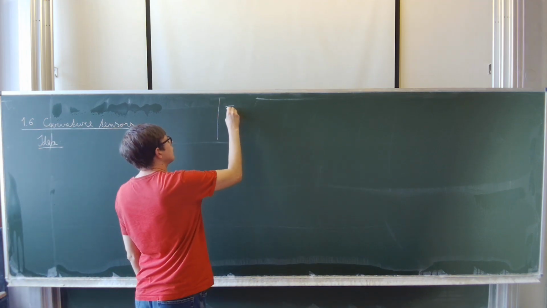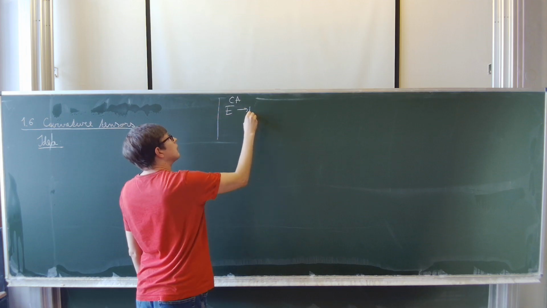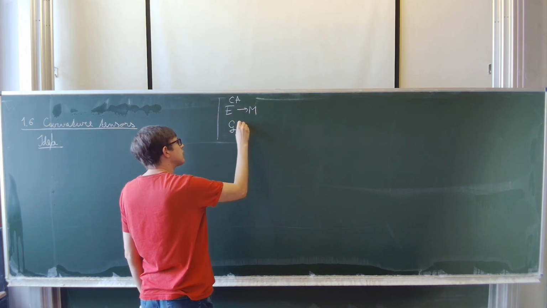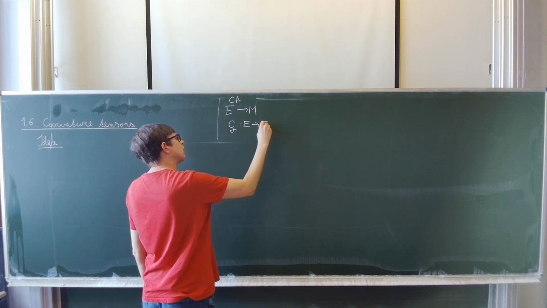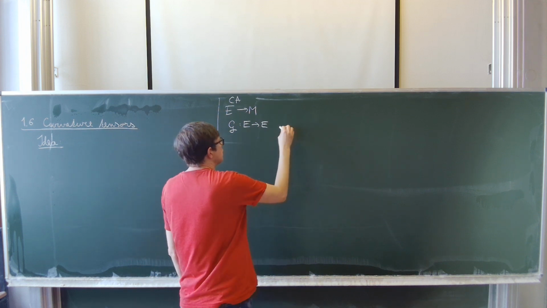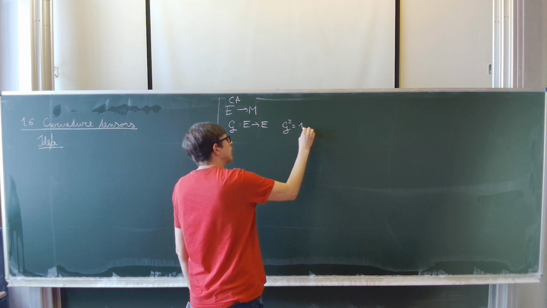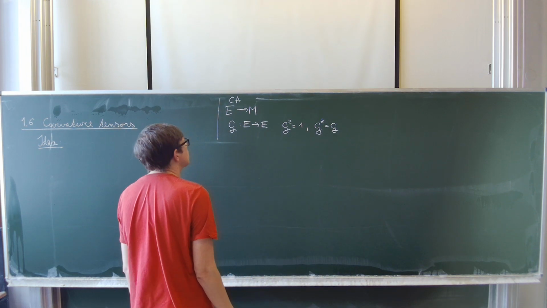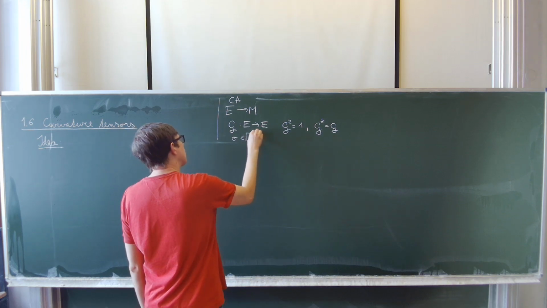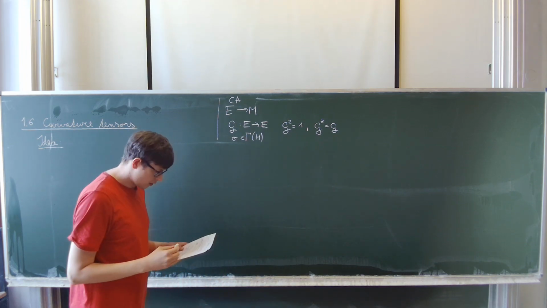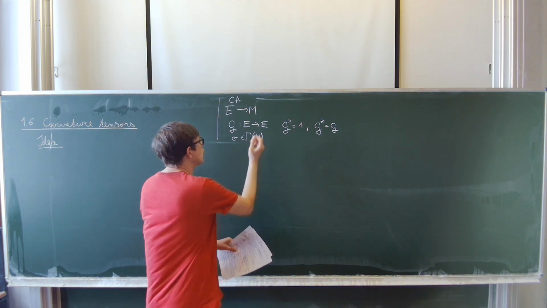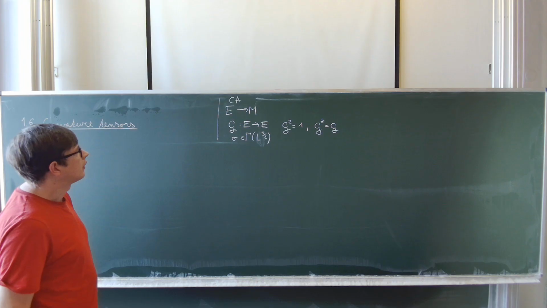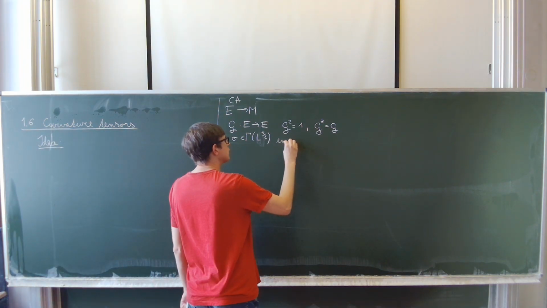We talked about if you have a Courant algebroid, then you can equip it with some structures, namely a G, which was an endomorphism that was symmetric and squaring to the identity, and there was a Hall density, which we called L, invertible, so everywhere non-zero.